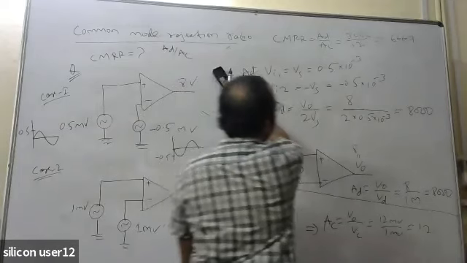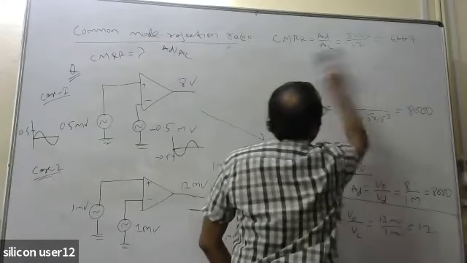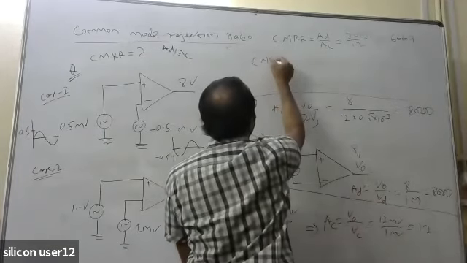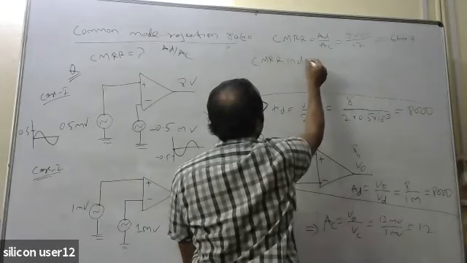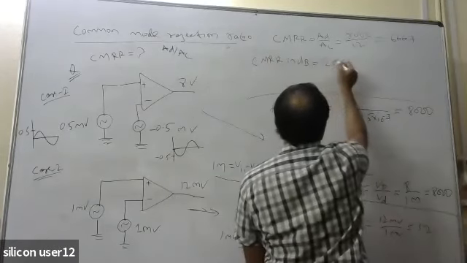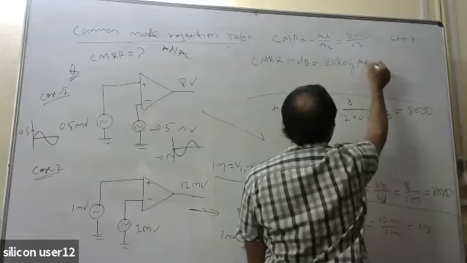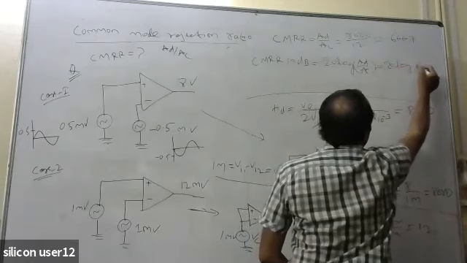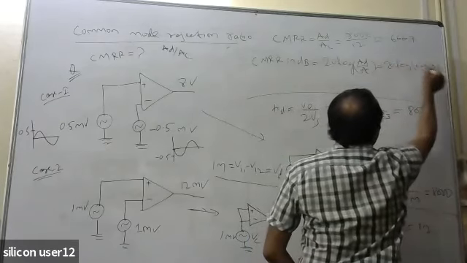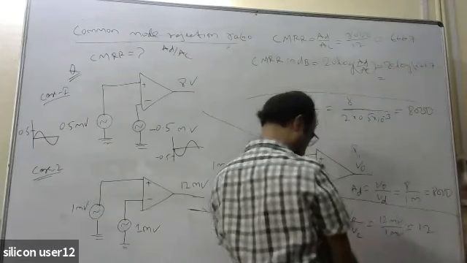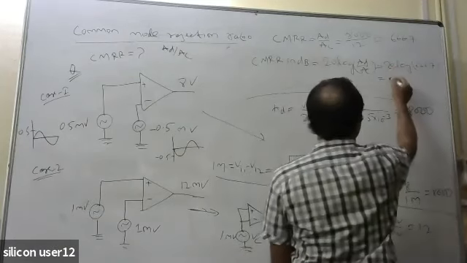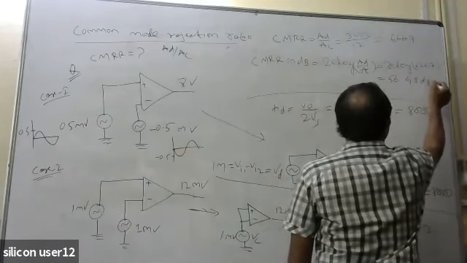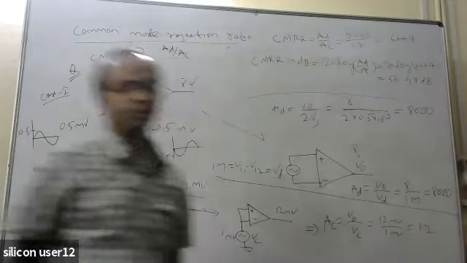So CMRR in decibel equal to 20 log 666.7, which is equal to 56.48 decibel.